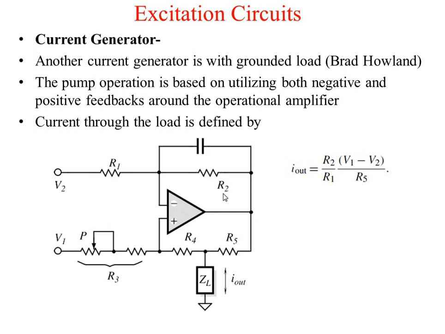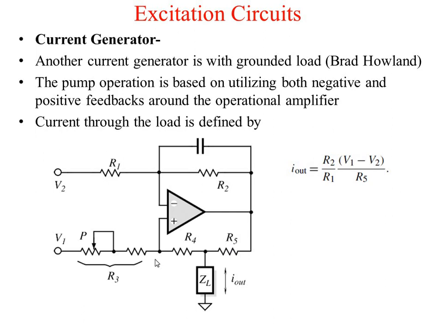R2 upon R1 is the gain of the amplifier because it is inverting, R2 upon R1. So V1 minus V2, since it is used in differential mode, V1 minus V2 upon R5 is the current.